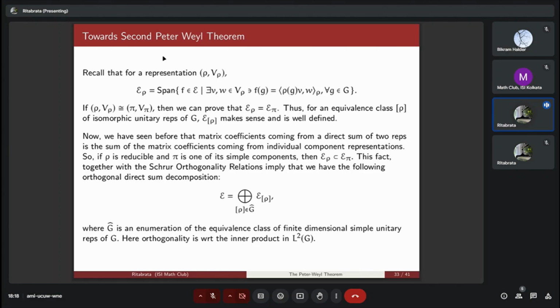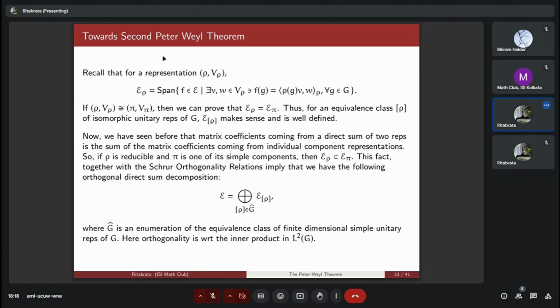If rho is reducible and pi is one of its simple components, then eta pi is clearly a subset of eta rho, because let's say rho is the direct sum of pi 1 and pi 2. Then any matrix coefficient will be written as a sum of the matrix coefficients coming from pi 1 and pi 2. So we can just focus on the simple components, because the others will be sums of them.